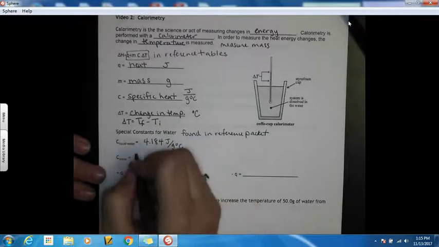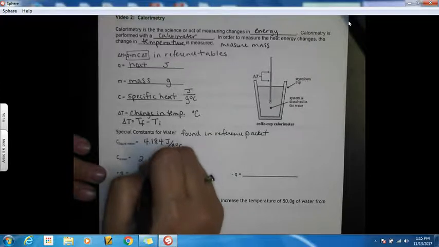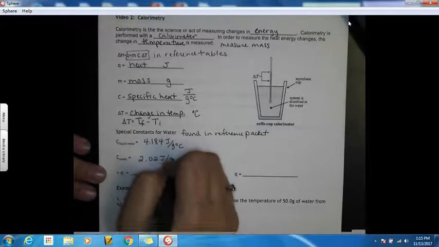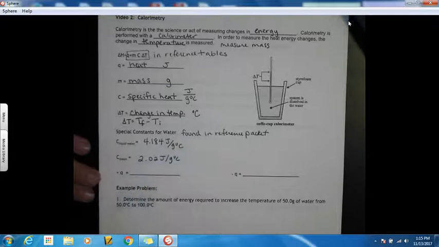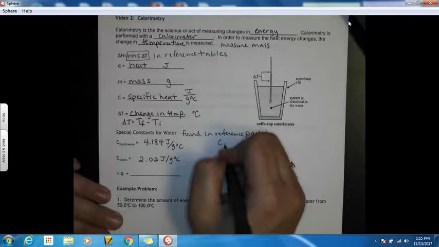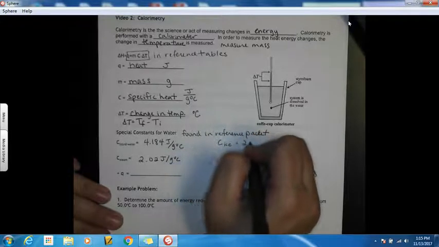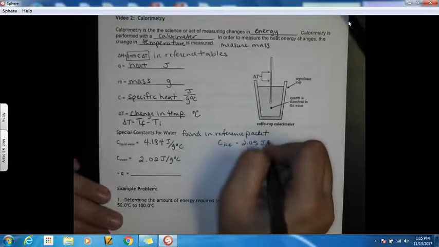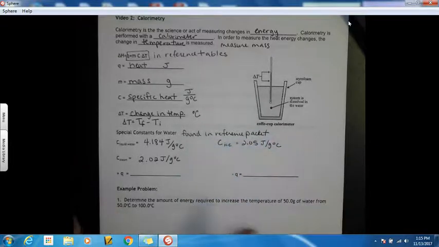And the specific heat for steam is 2.02 joules per gram degree Celsius. And the specific heat for ice is 2.05 joules per gram degree Celsius. And again, these are all in your reference packet on the front page.